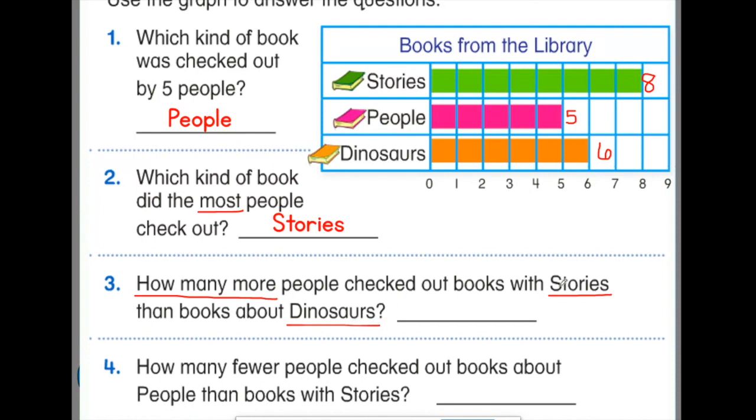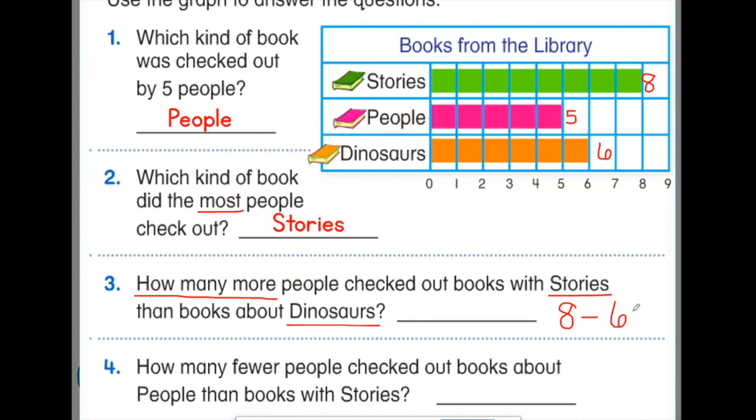But when we subtract, we always need to subtract with a larger number first. So our storybooks got 8 votes, which we wrote down before. Our dinosaurs got 6 votes, which we wrote down before. So all I need to do is subtract those 2 numbers. So I'm going to do 8 minus 6.